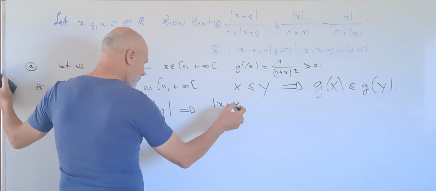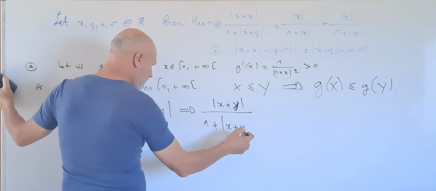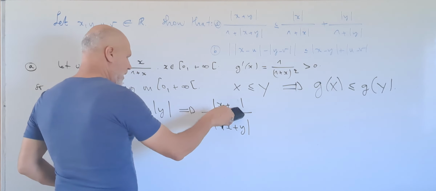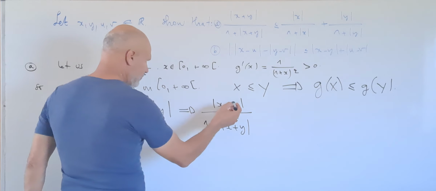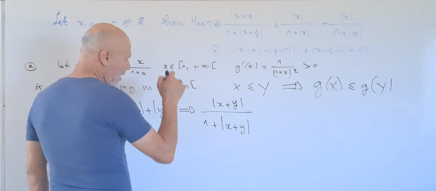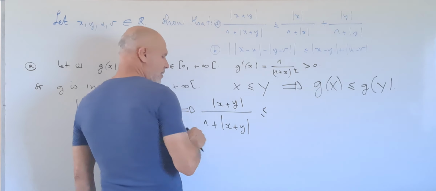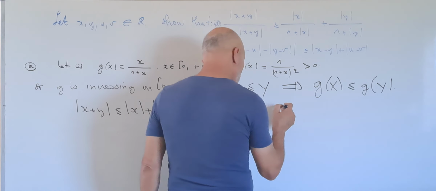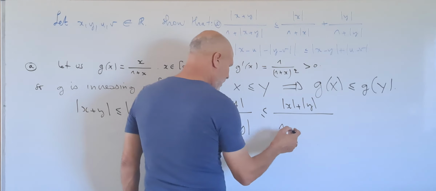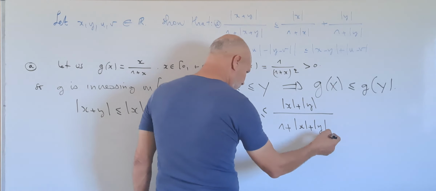From here, applying this idea, we get the absolute value of x plus y over 1 plus the absolute value of x plus y. So we replace capital X by the absolute value of x plus y, which is less than or equal to, using this inequality, the absolute value of x plus the absolute value of y over 1 plus the absolute value of x plus the absolute value of y.